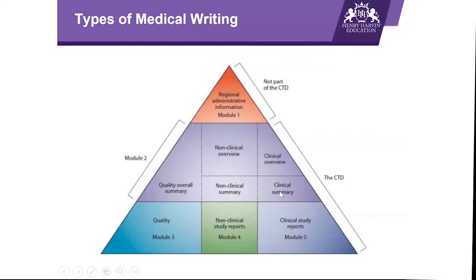These are separate documents, and what should be written and how it should be written is all well defined in the ICH documents. On the left side, we have the quality summary, which is related to the manufacturing process, how they have ensured that the manufacturing quality is maintained.